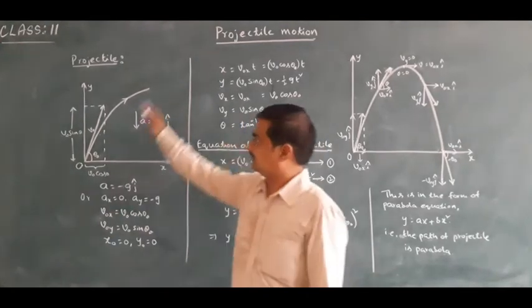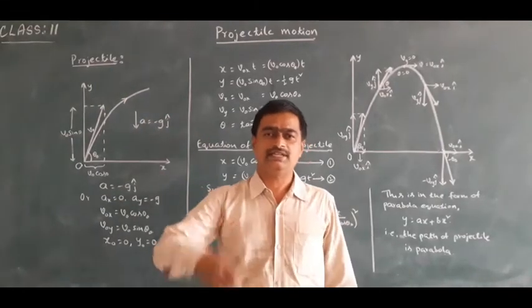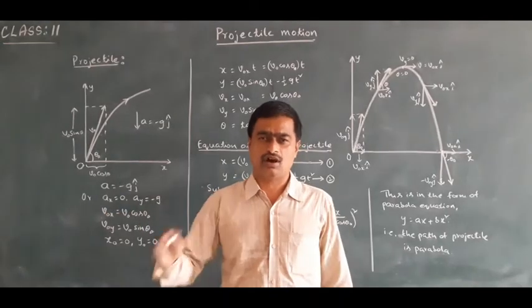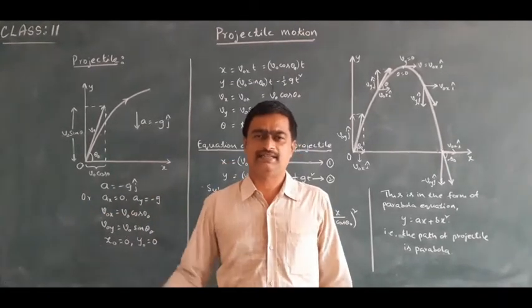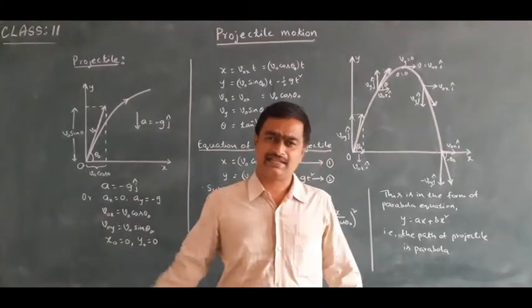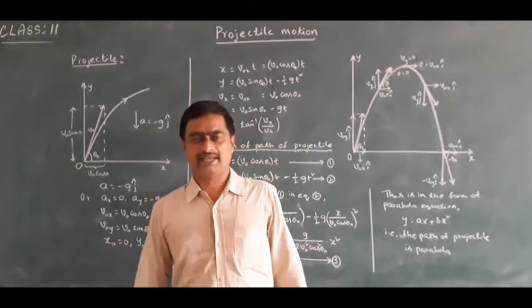Coming to projectile, a body which is in flight after it is thrown or projected up is called a projectile. That is, a body traveling in air is nothing but a projectile. We can see so many cases.